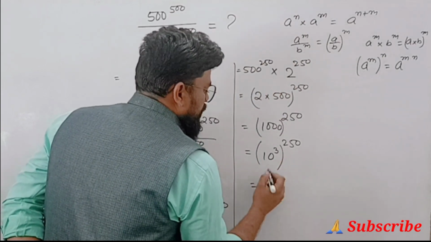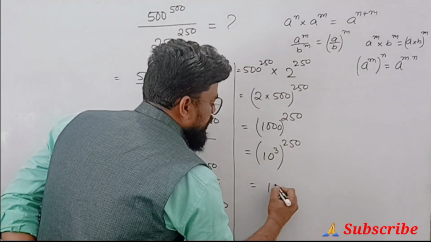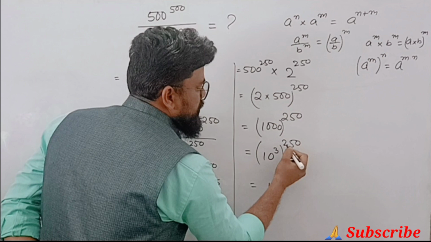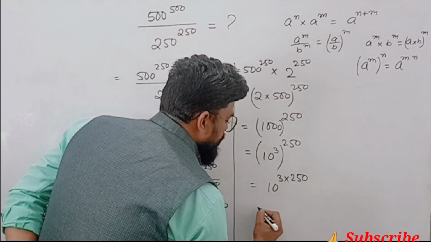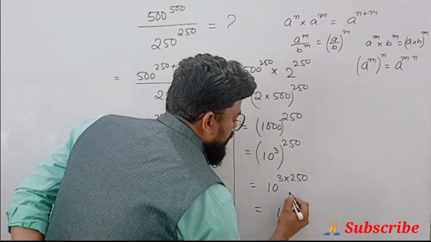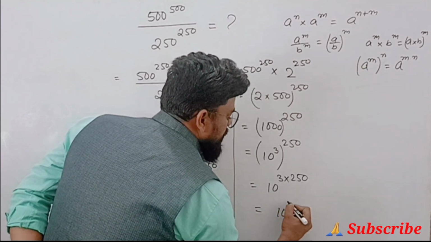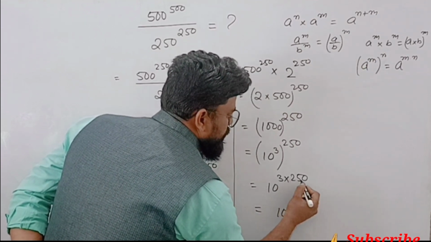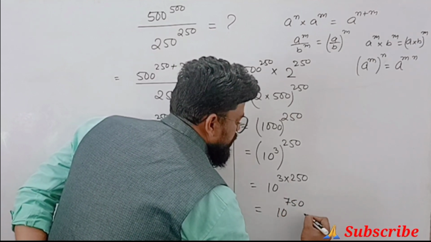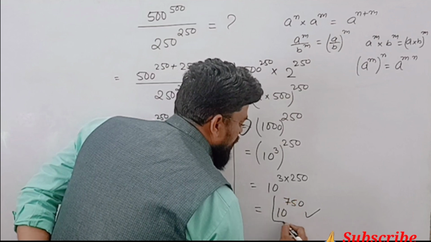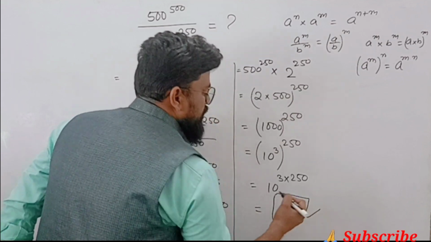Similarly here, 10 to the power 3 whole to the power 250, so 3 multiplied with 250. We get 10 to the power 250 into 3, which is 750. 5 3s are 15, carry 1, 3 2s are 6 and 1 is 7, so 750. So this is your final answer: 10 to the power 750.